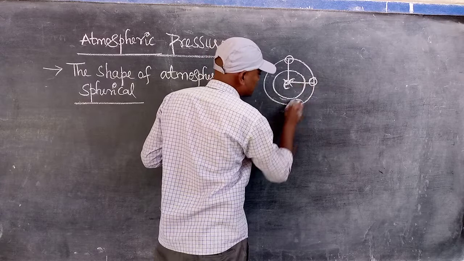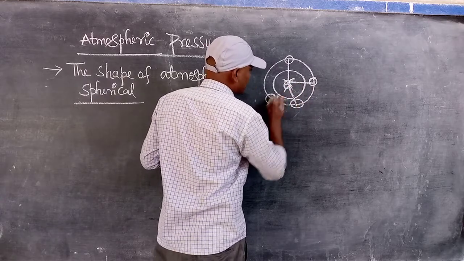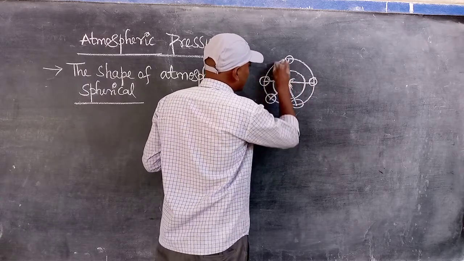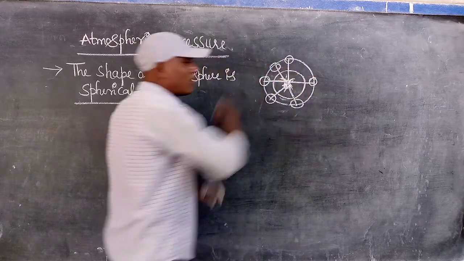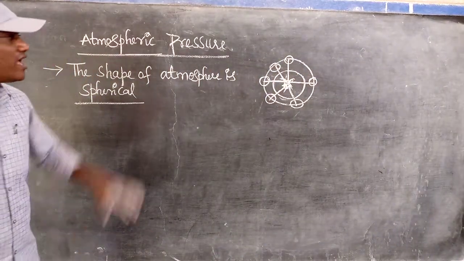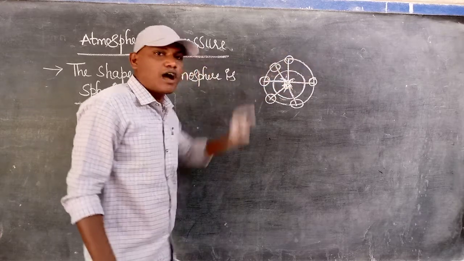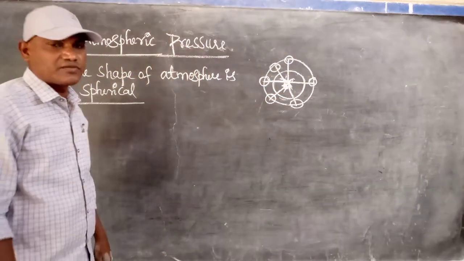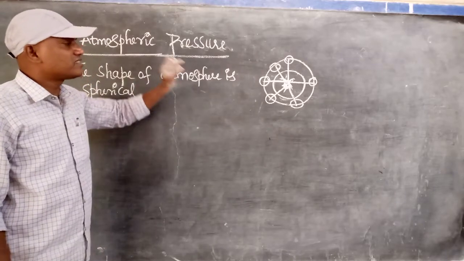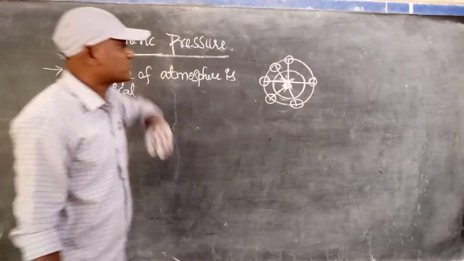The air is pulled by the gravitational force of the earth from all directions. Due to that, the air is present above the surface of the earth up to 100 kilometers. Listen very carefully: the air is present up to 100 kilometers above the surface of the earth.